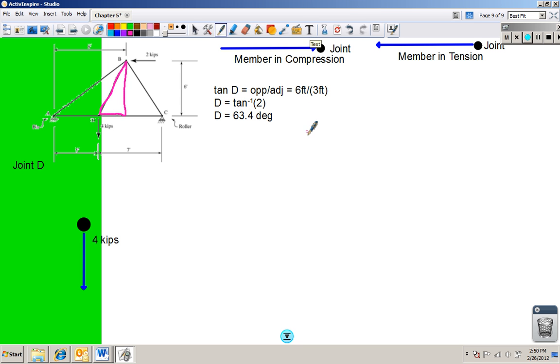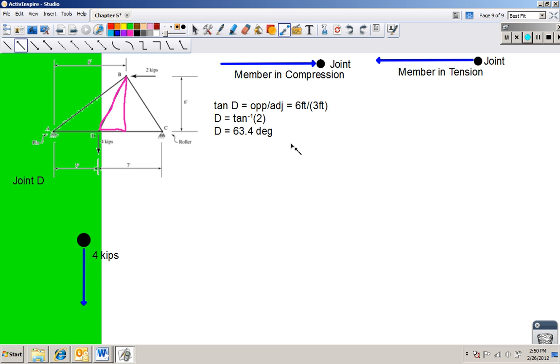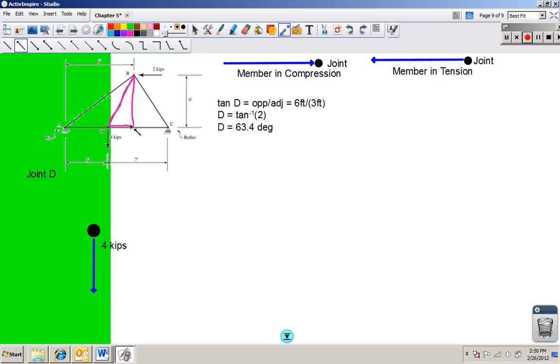Now, here's the other thing. Now we know this member, and we know this member, so we have to draw them the way they are. We have already found at joint A that AD was in tension, so we have to draw it in tension again.